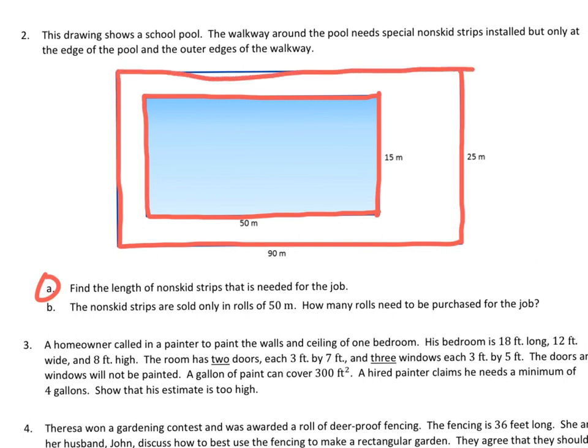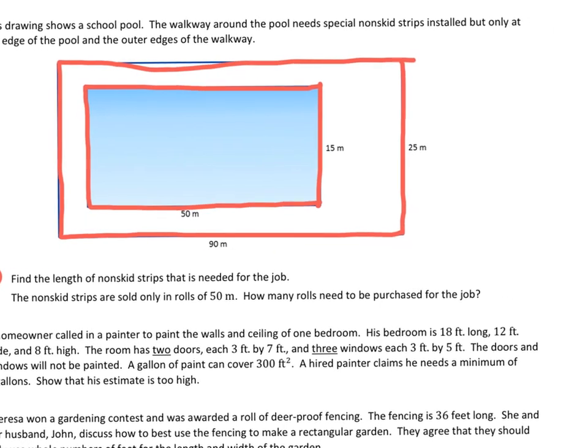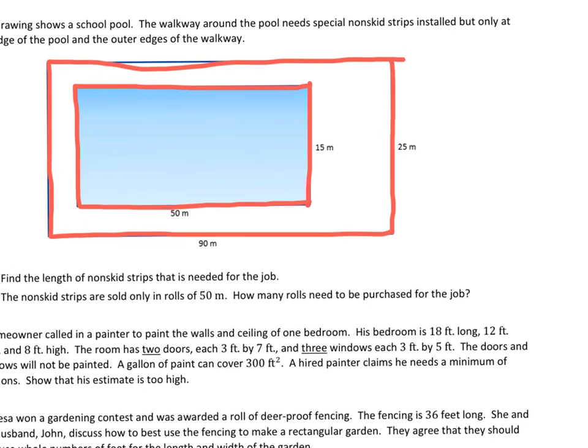So now I can go in and I can actually start writing down the length of these strips. And I'll do it off to the side so you can see, and I'll do it in red since that's what we're looking at. So I need this one of 50, and the one across from it is 50, and 15 here, because that's this, and then this one as well, which is 15.